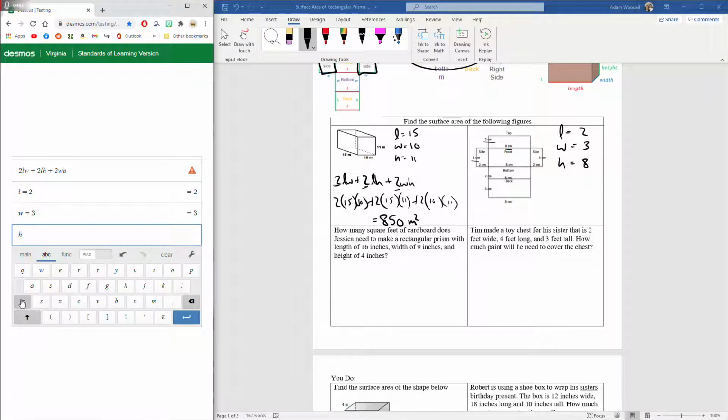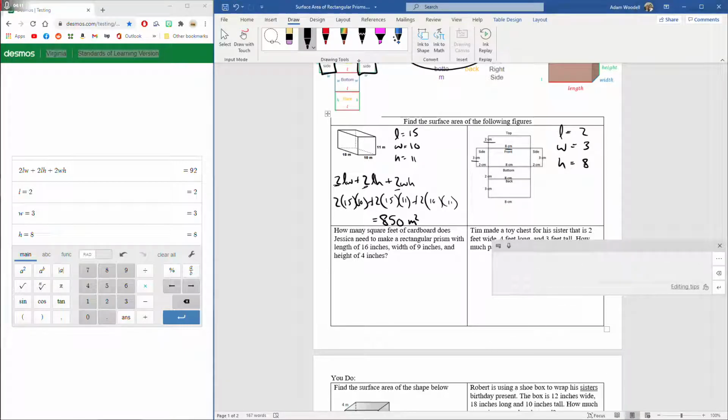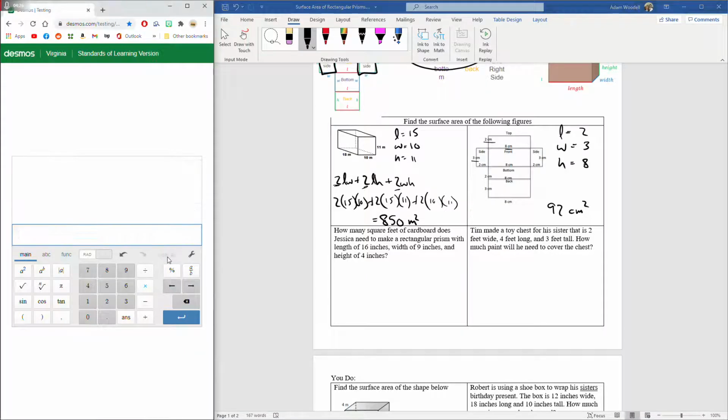And then lastly, height is equal to 8. And it does all the calculating for us, and we get the answer of 92 centimeters squared. So no matter how you do it, whether you're using the substitution method on your paper or using Desmos, you should get the same answer.